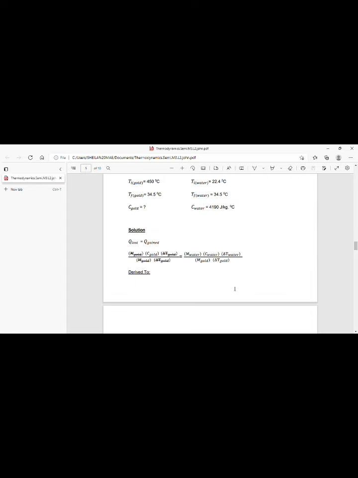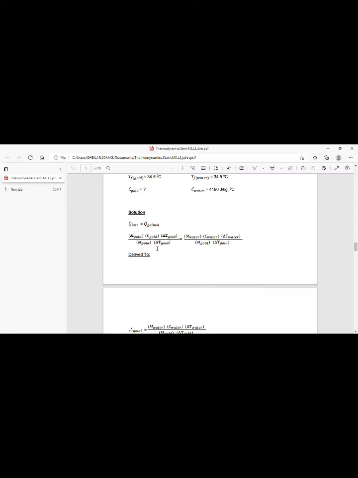The Q lost equals Q gain. This step is always the same. As in problem number 1, we will derive it so that we will be able to find the missing part, which here is the specific heat of gold, the C gold.